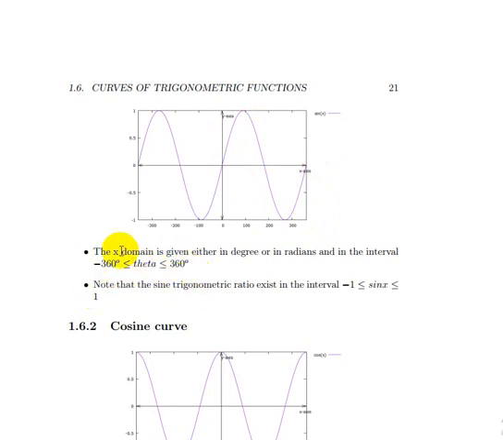The sine curve, you have the x domain. The x domain of the sine curve is, in this case, from negative 360 degrees to 360 degrees of theta. Note also that the range of sine always exists between -1 and 1. So the y value is never going to be out of this range.